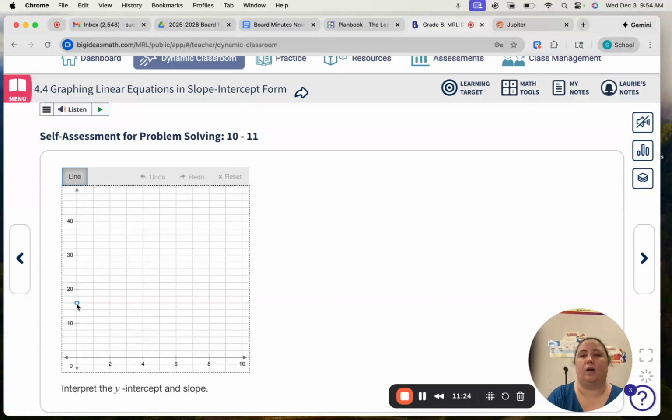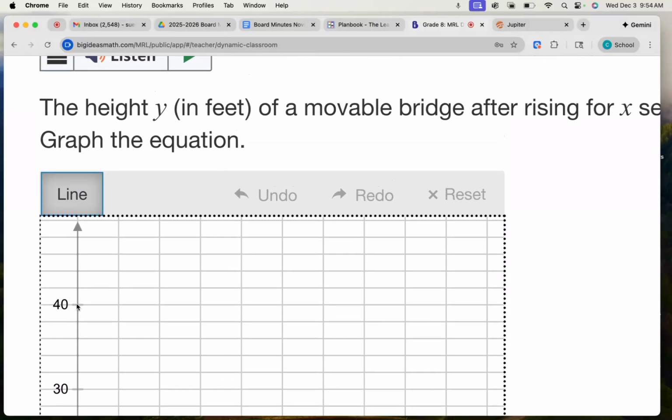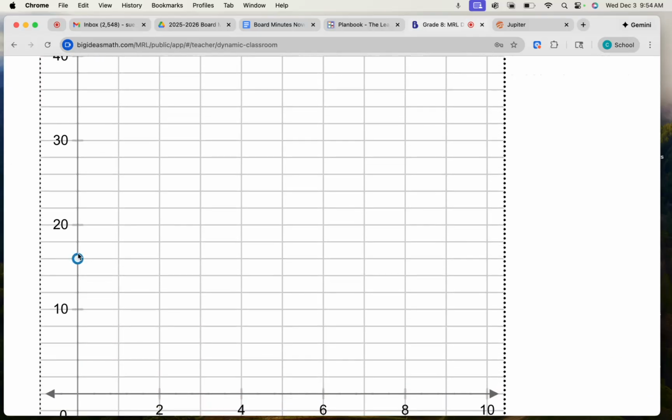What is your slope? 3. Since these are going by twos, 3 is difficult. Going up by 3 would be hard because these are going in twos. 3 would be right here, and you can't click right there.